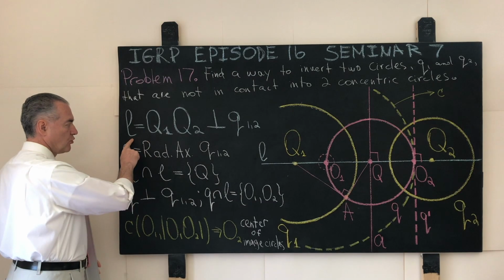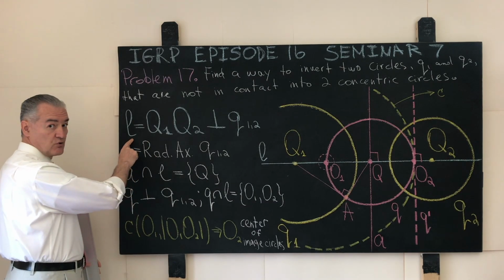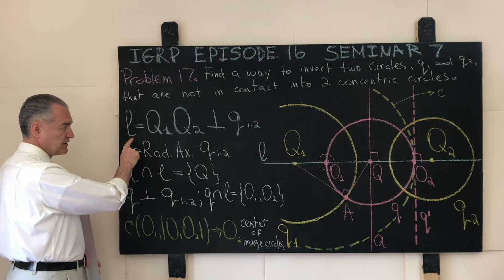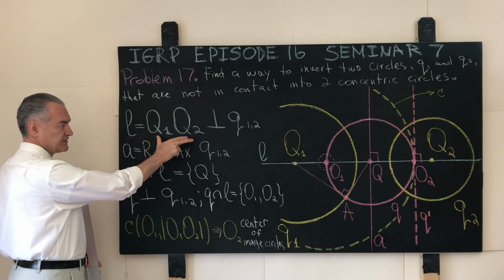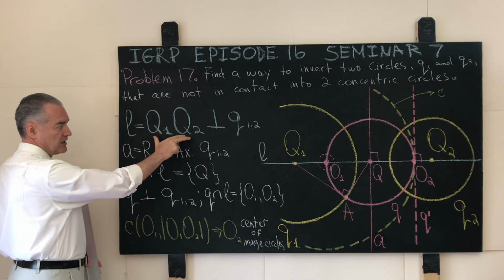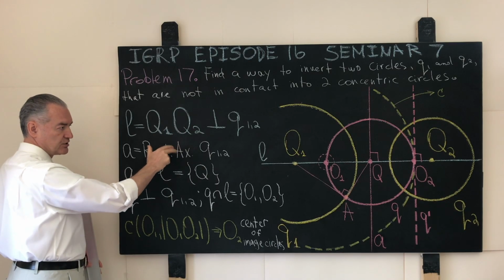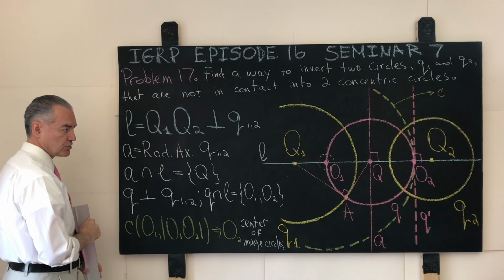I designate it over here in blue as the straight line l is a straight line that passes through two distinct points, uppercase Q1, uppercase Q2, which are the centers of the two input circles.